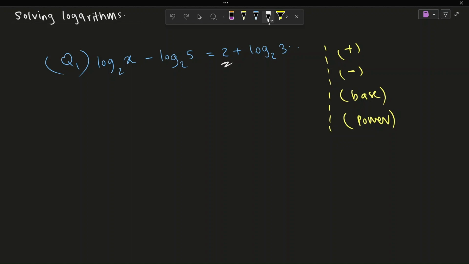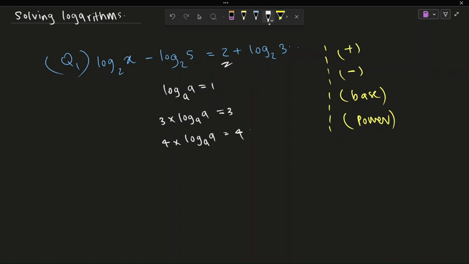Remember we learned a rule that says log a to the base a equals 1. So using this formula, we can say that 3 times log a to the base a equals 3, because log a to the base a equals 1, right? So that's 3 times 1 equals 3. In the same way, we have 4 times log a to the base a equals 4, because if log a to the base a equals 1, then 4 times 1 equals 4.